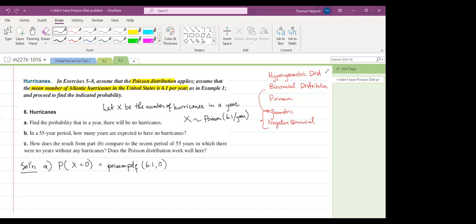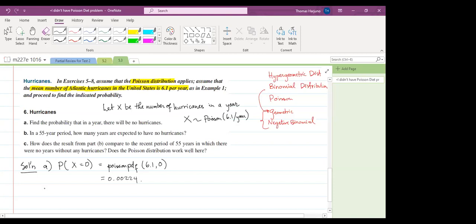You compute that also, please. It's 0.00224. That's the probability of having no hurricane in 1 year.